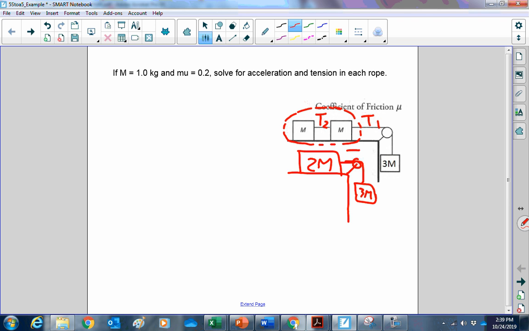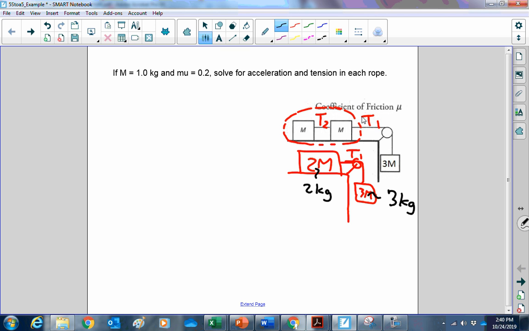Right now, just focus on tension 1 and acceleration. I can also label these: this is 2 kilograms, and this is 3 kilograms, because I know what m is.